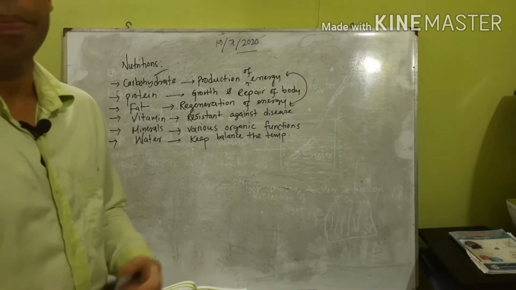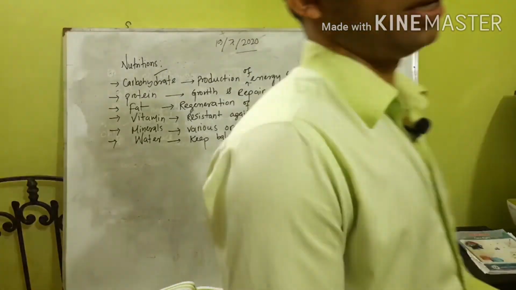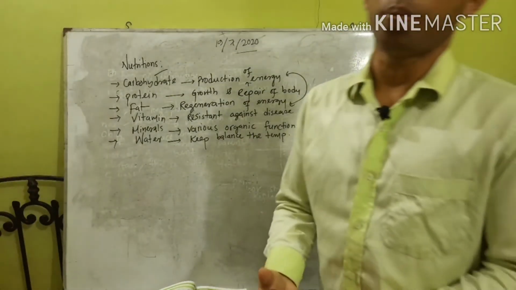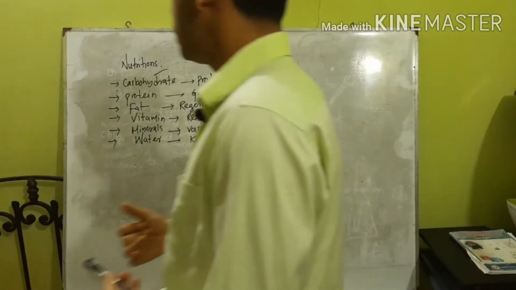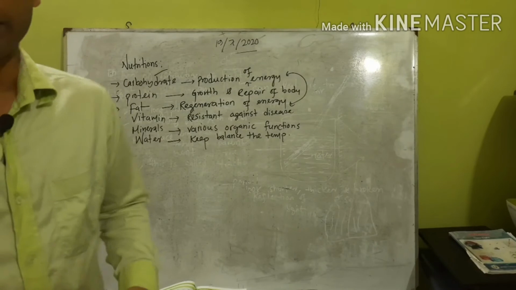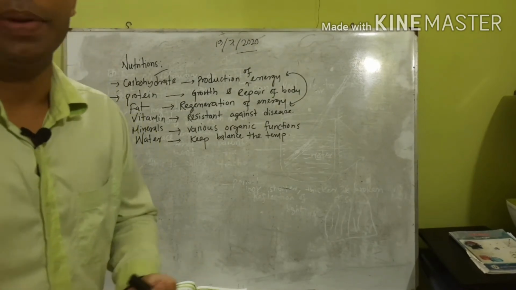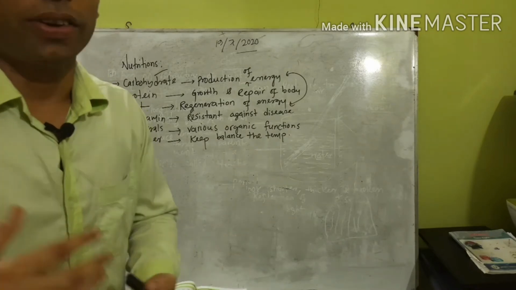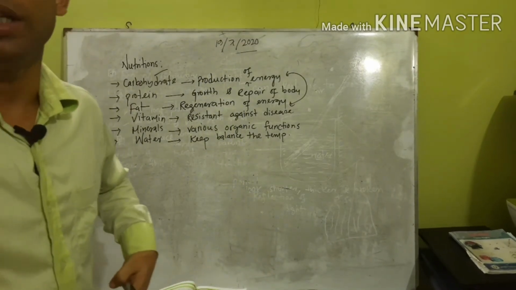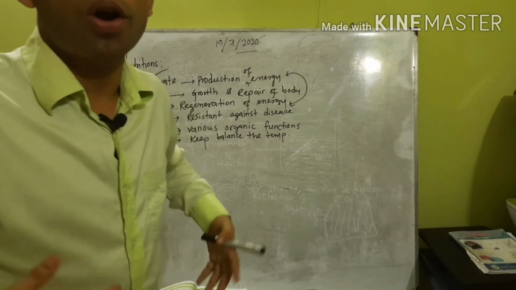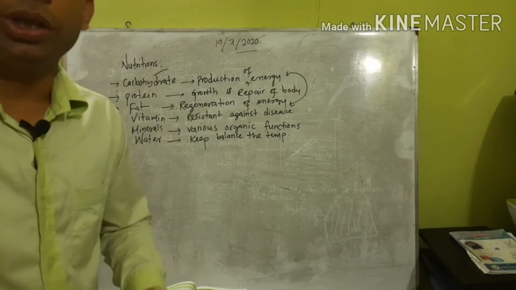Because when we take food, that food instantly produces energy in our body so that we can do any kind of work. But in case of fat, after having a heavy meal like lunch or dinner, if you touch your stomach, it looks hot. Hot means production of energy, and at the same time regeneration of energy within a short time.